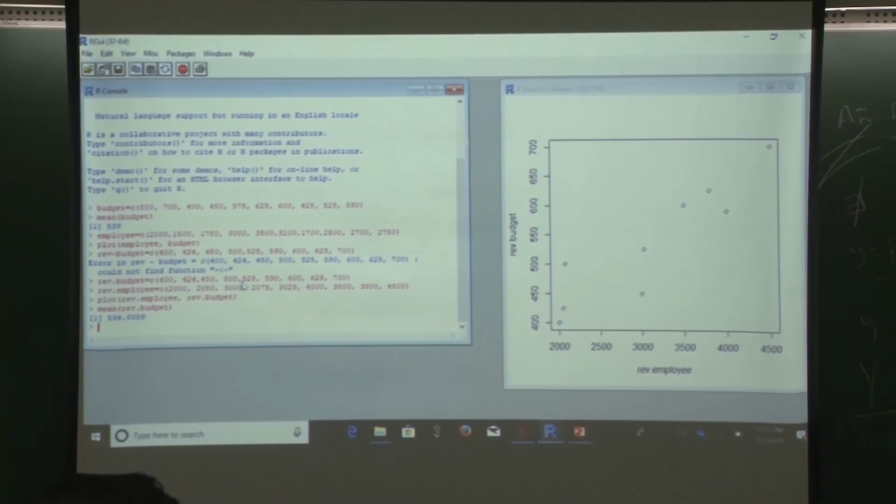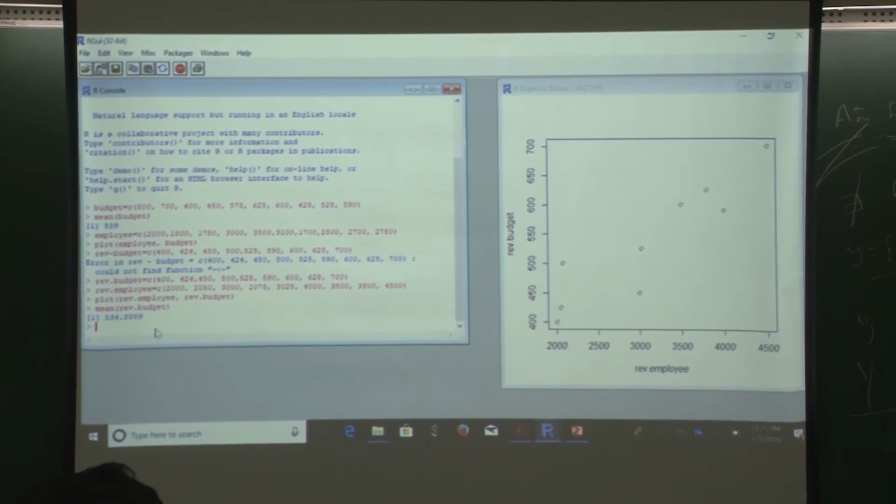Now let's do the regression here. If I do the regression, then essentially, what is the linear command, LM? So the command should be LM of budget against employee.